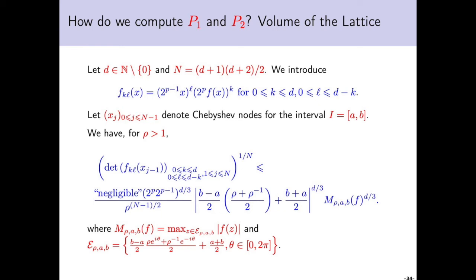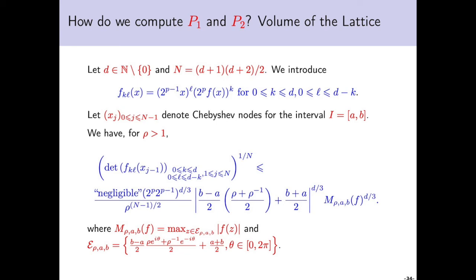Just to remind you, I'm using this basis. These are Chebyshev nodes. And the volume, I can show you why if you ask, is bounded by this expression. So you have a power of 2 to the p. You have an expression that comes from x evaluated on the Bernstein ellipse.